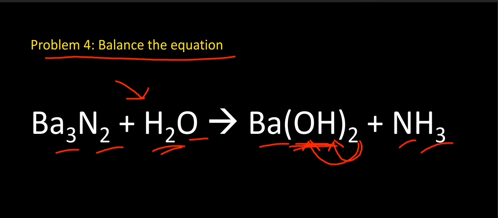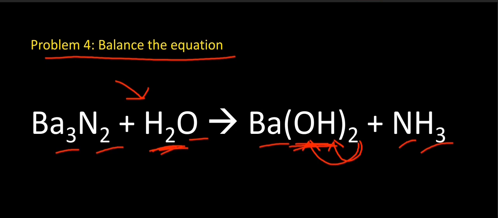That means we have to at first look at the H2O, and that means hydrogen and oxygen atoms. So we have 2 hydrogen atoms here, and on the product side we have 5 hydrogen atoms. So this cannot be balanced. We cannot make 5 by multiplying 2 with a whole number.